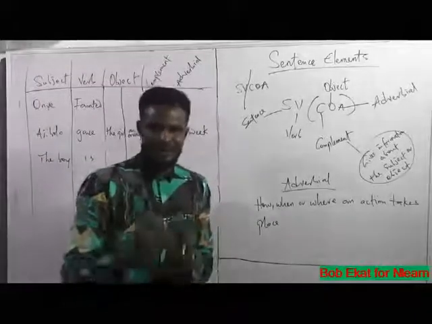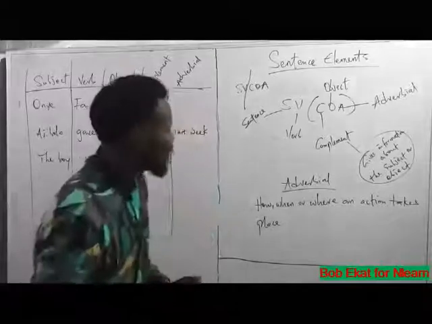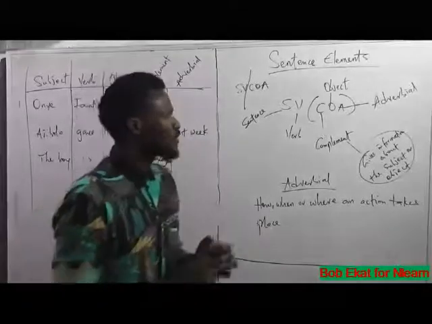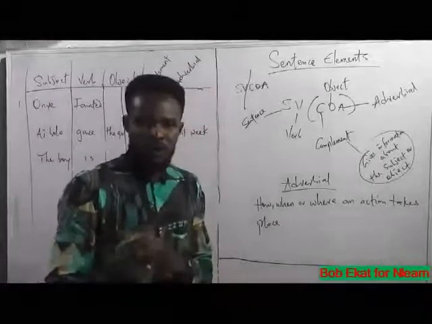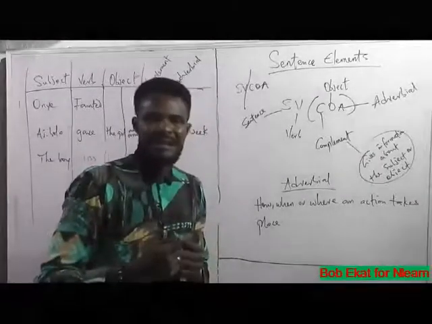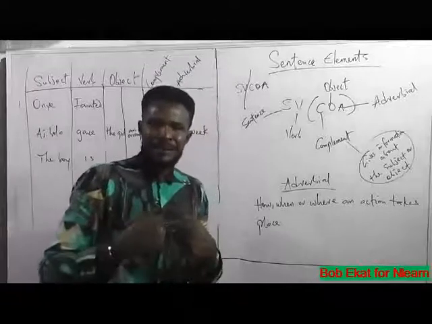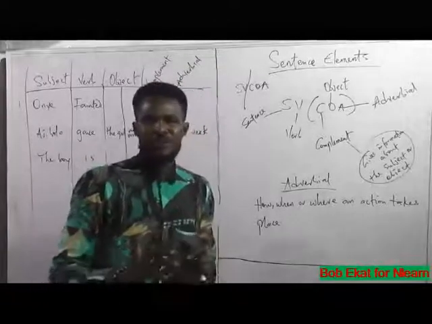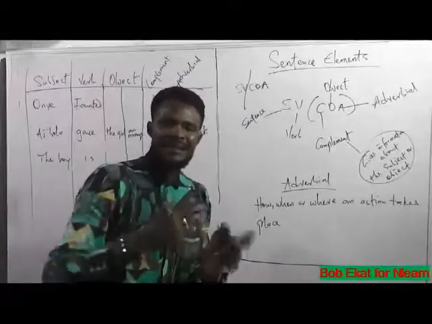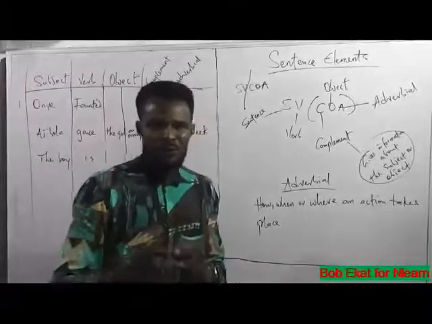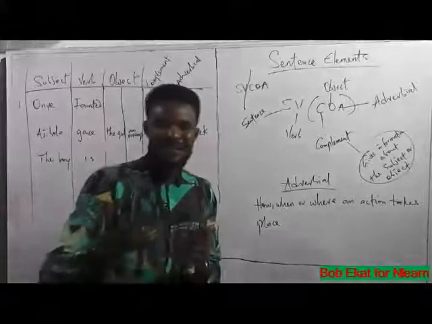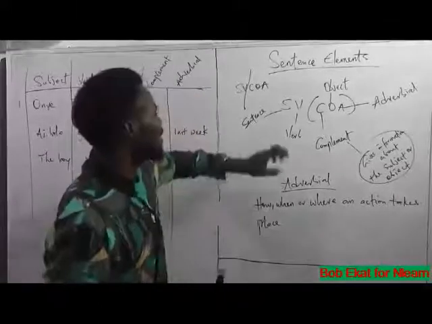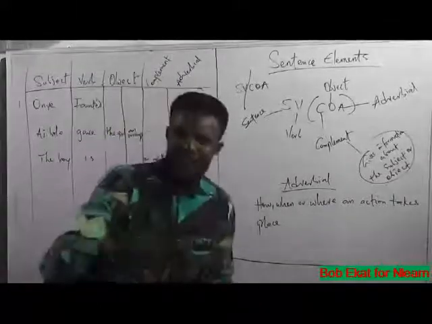Do you understand? Moving on, of course you know what a subject is. A subject is the who or the what. A subject is the person that performs an action. The subject is the doer, the who or the what, the he, the she, or the it. On the other hand, a verb is the action.